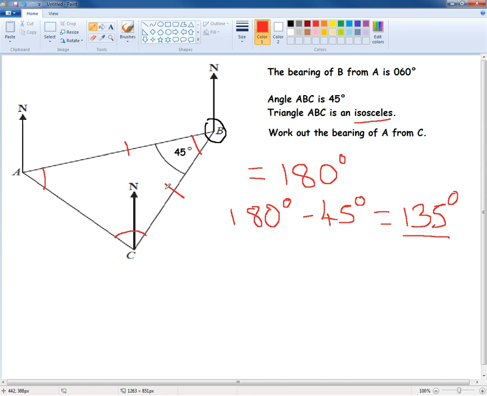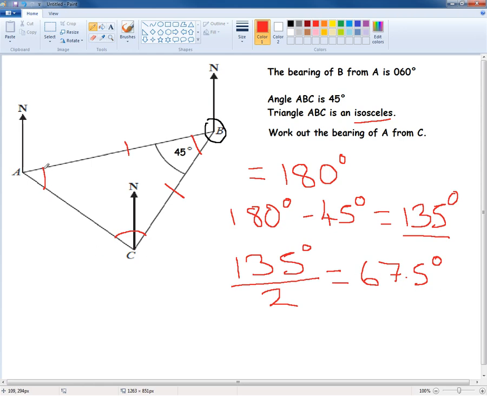Because this is an isosceles triangle, these two angles are the same. So we can take our 135 degrees, divide it by 2, and that will give us the size of each of these two angles here. So 135 divided by 2 is 67.5 degrees.